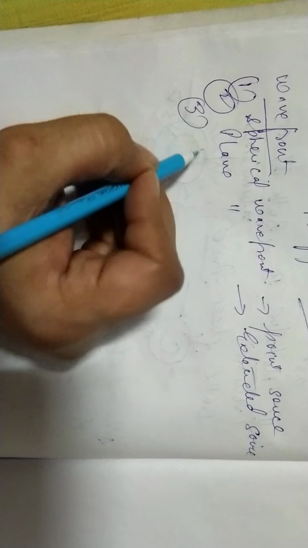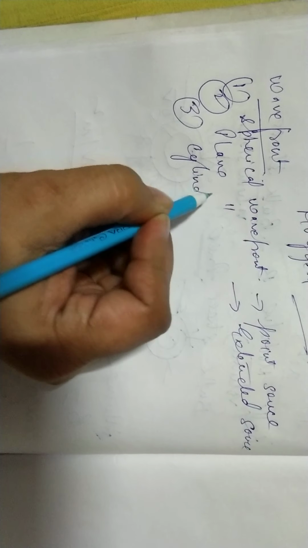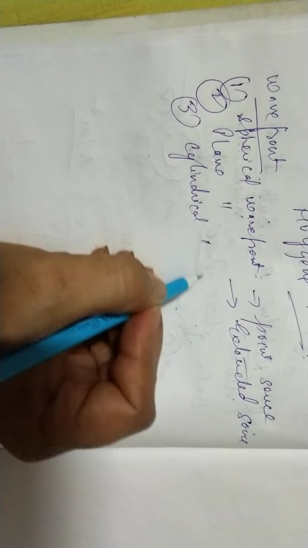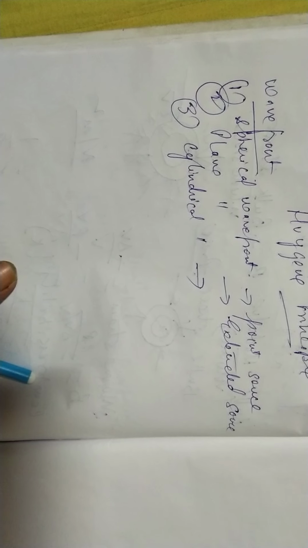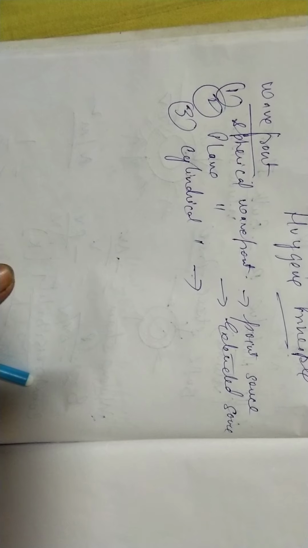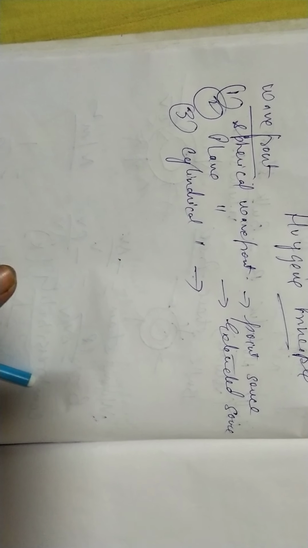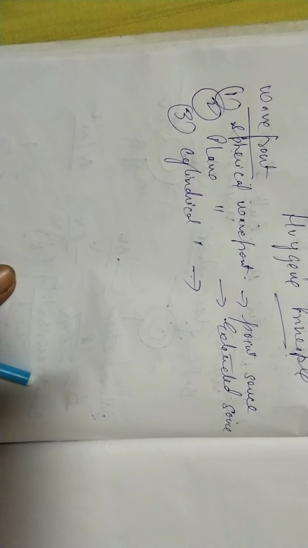The third category is the cylindrical wavefront. It shows that when the source is linear, waves are coming from a line source. Let us assume you take the entire room to be dark, and you take a box, and inside the box you place a light. Then you cut a slit in that box. If you see this on the screen, whatever wavefront you are getting, you call this a cylindrical wavefront.